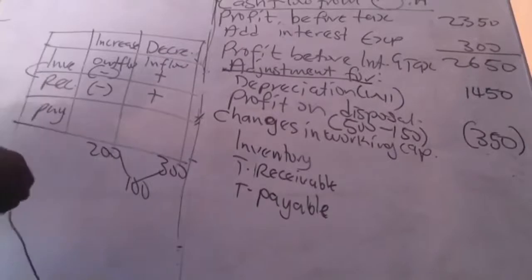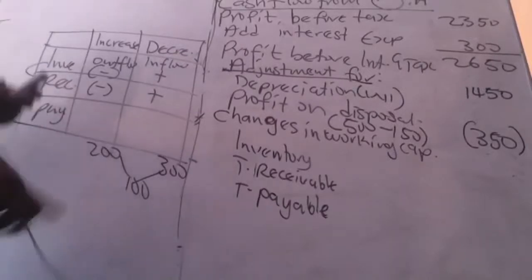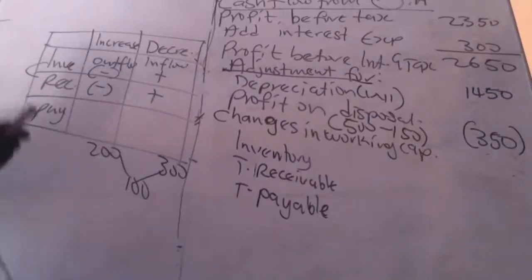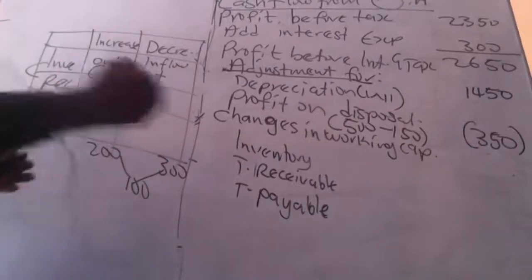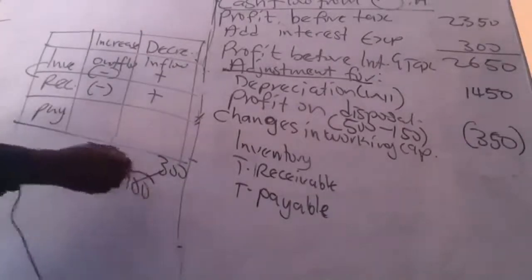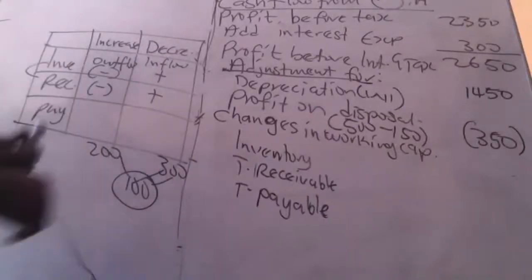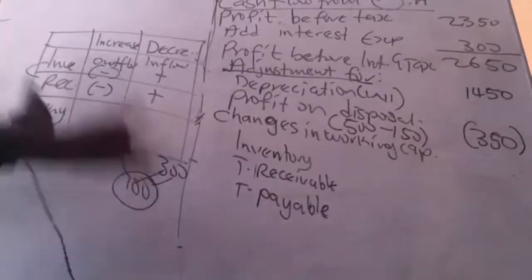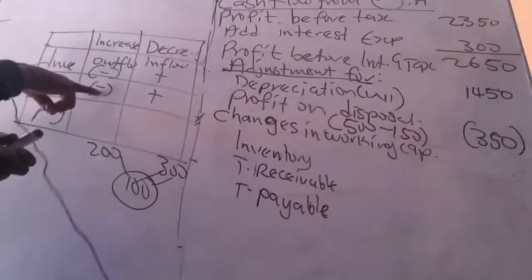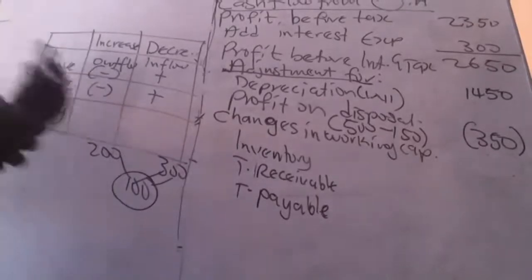Where do you get those goods from? You use money to acquire the goods and dispatch them to them. So you have given them cash in the form of goods because they've not paid us. So that's what I'm saying: it's an outflow when your receivable balance increases.